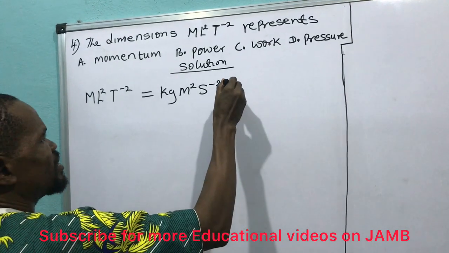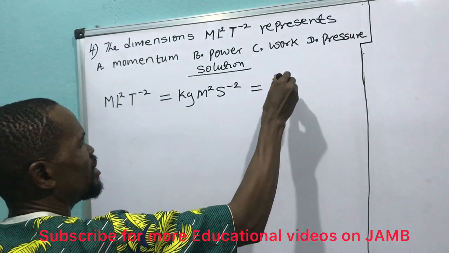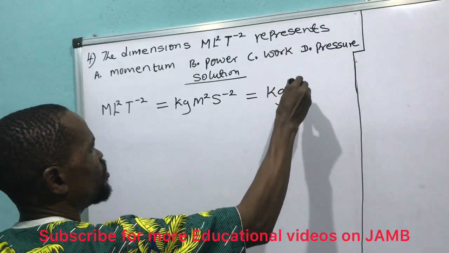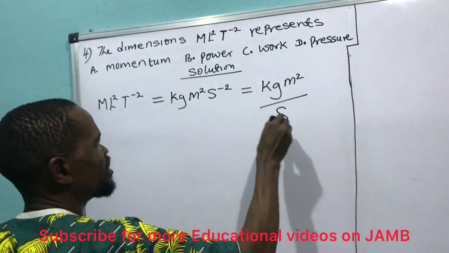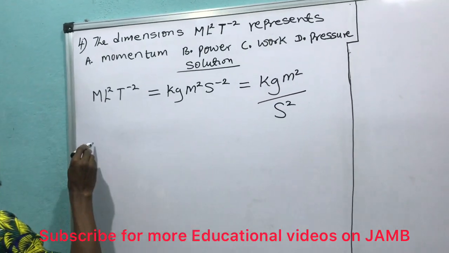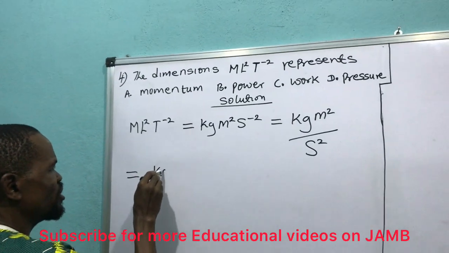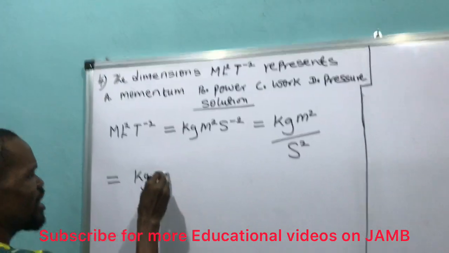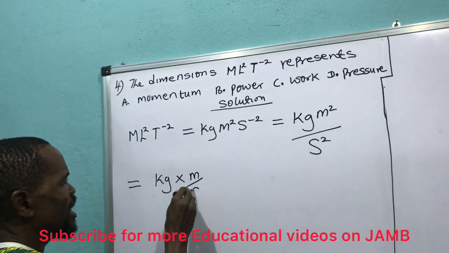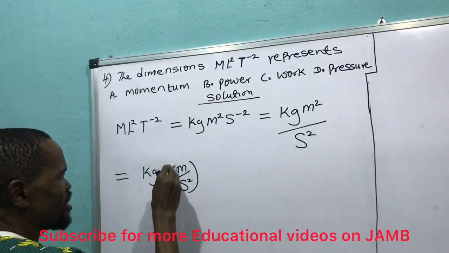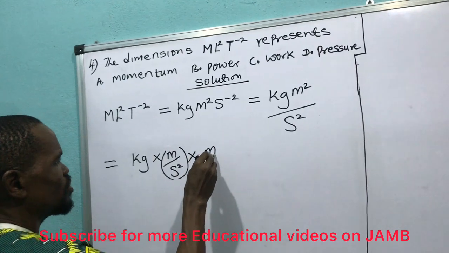And this is something like kg m squared divided by s raised to power 2. And this is kg times m all over s squared times m squared.